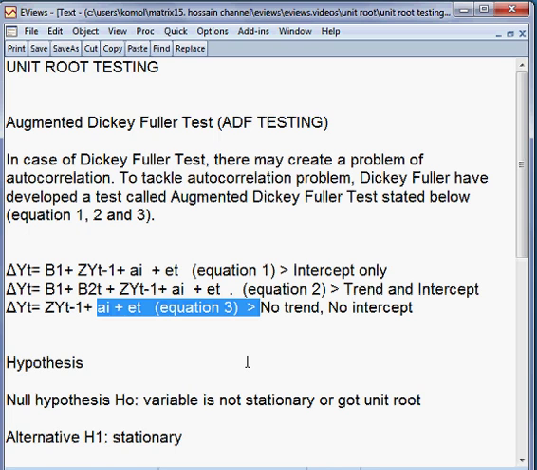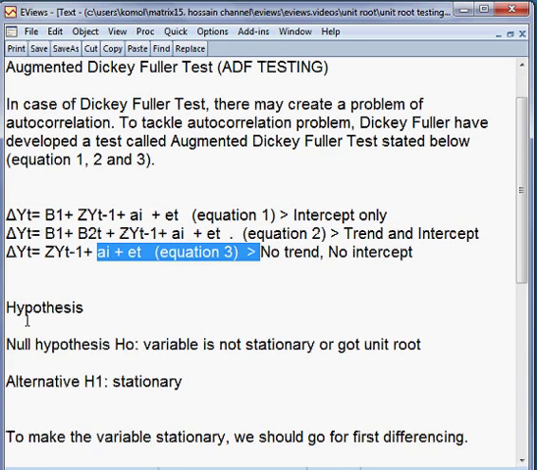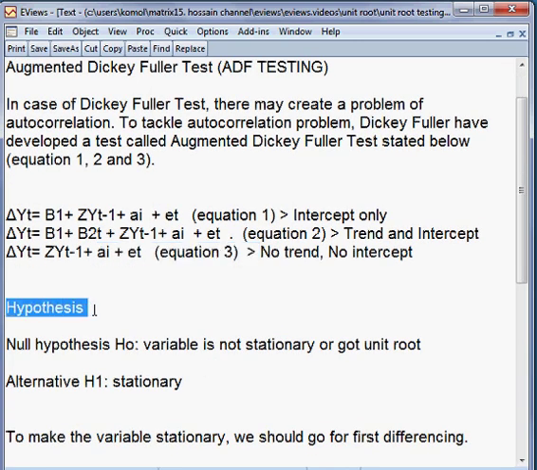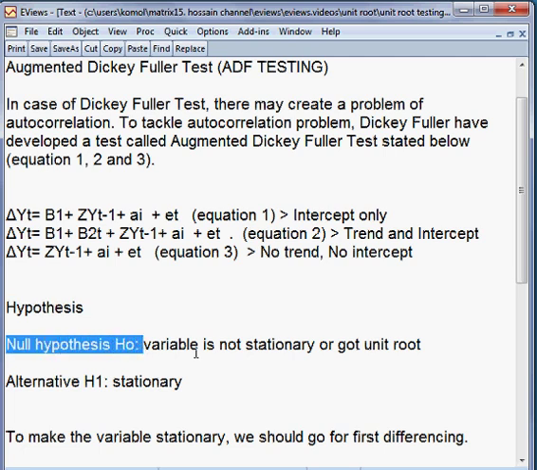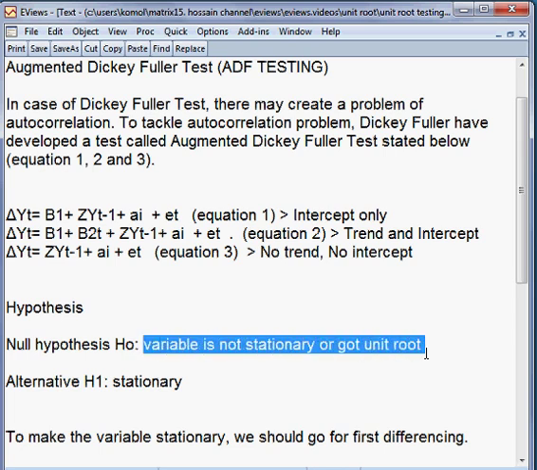These three models must be satisfied to come to a decision about unit root testing. And what is our hypothesis? The null hypothesis is that the variable is not stationary, or has a unit root.